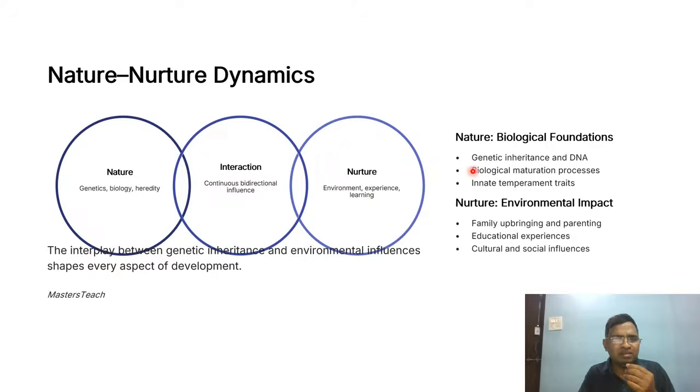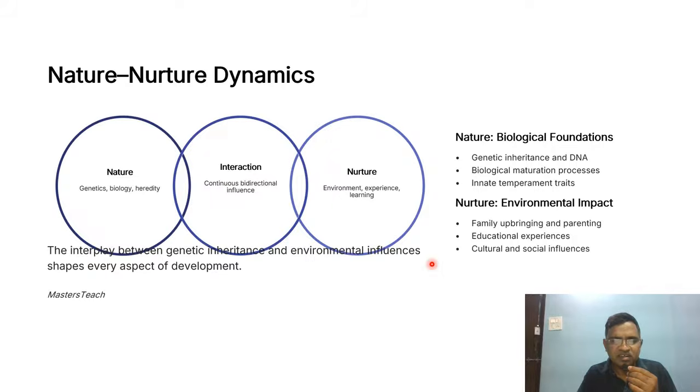Nature is the biological foundation: genetic inheritance and DNA, biological maturation processes, innate temperament and traits. Nurture relates to environmental impact: family upbringing and parenting, educational experience, culture, and social influences. The interplay between genetic inheritance and environmental influence shapes every aspect of development. Both nature and nurture are interdependent and interrelated.